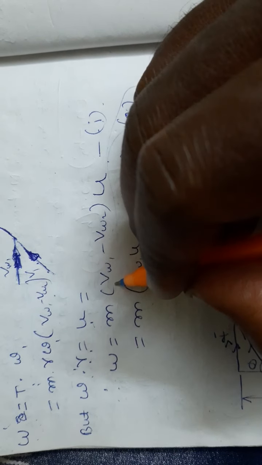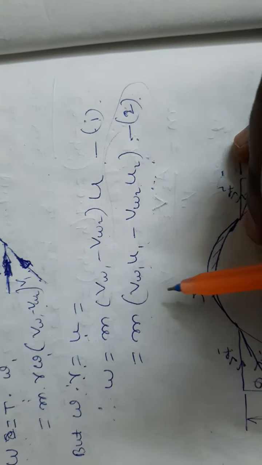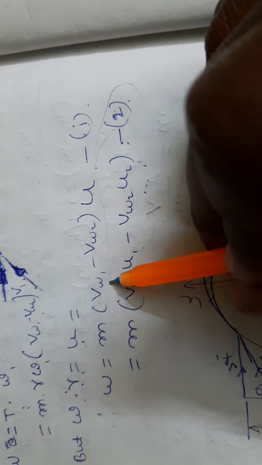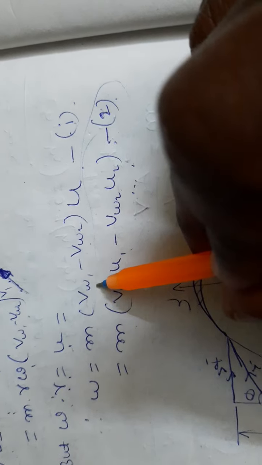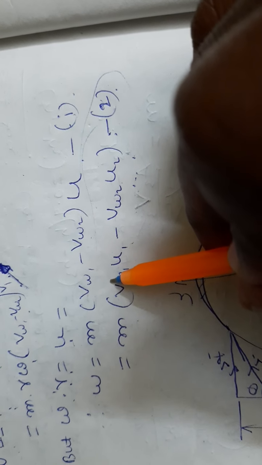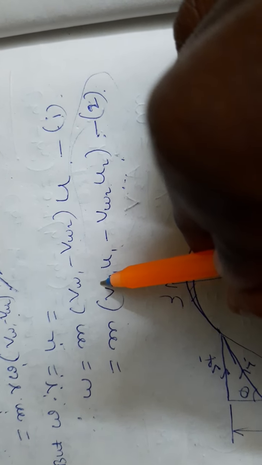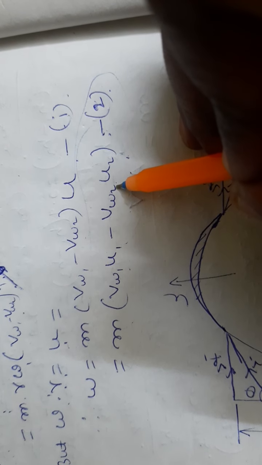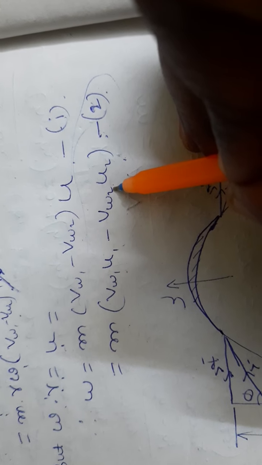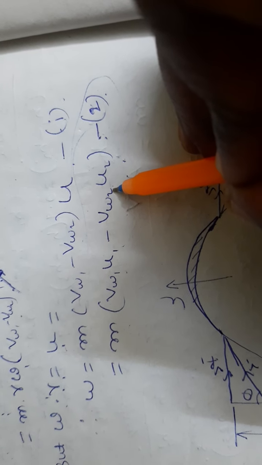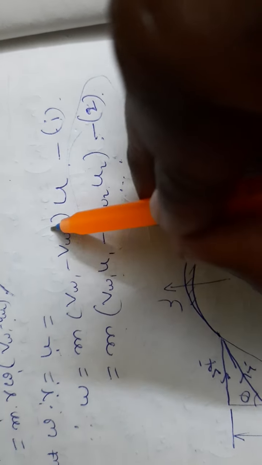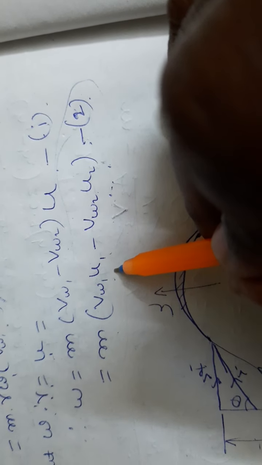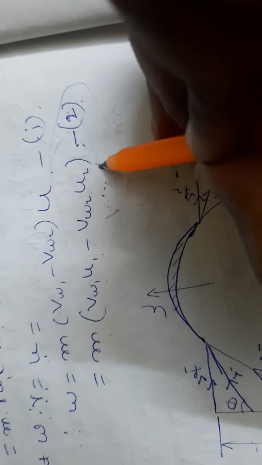If a fluid enters a passage at a radius r1 and leaves at radius r2, and u1 and u2 are the rotor velocities at inlet and outlet respectively, then this equation can be modified as m into (Vw1 u1 minus Vw2 u2).